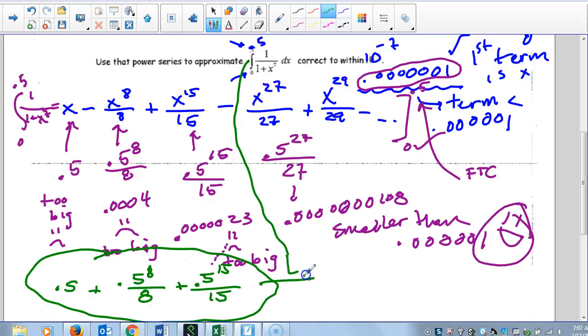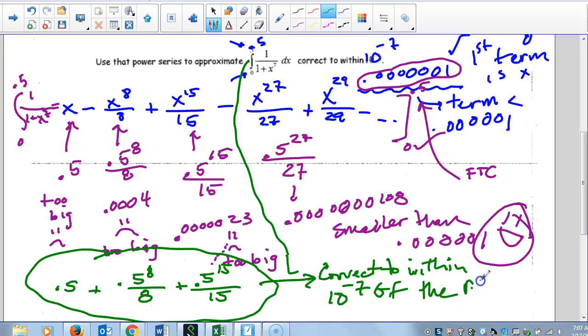That will be correct to within whatever that is, 10 to the negative 7, which is pretty darn small, of the real sum. And remember, real sum means you have busted out terms and added forever.